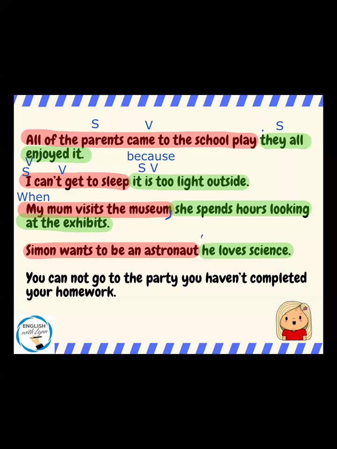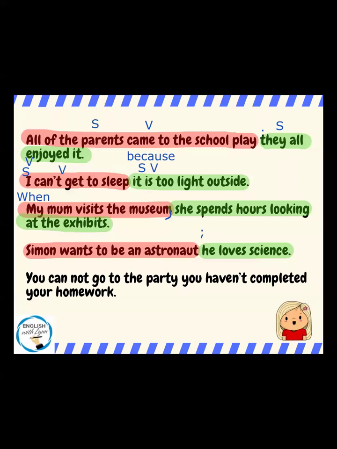It is possible that you could put a conjunction in there, because you could say "Simon wants to be an astronaut and he loves space" if you're linking the ideas, or you could turn the final bit into a subordinate clause: "Simon wants to be an astronaut as he loves space." So either of those options would work.